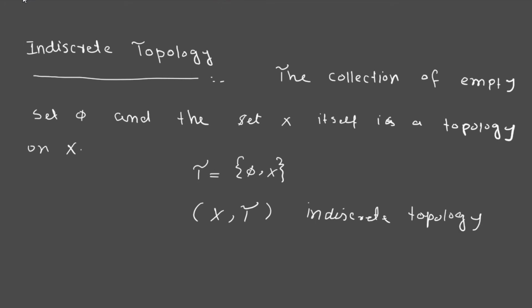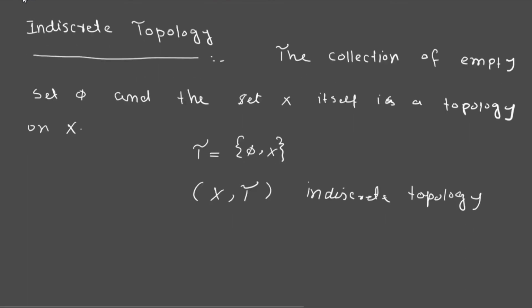Now we are taking some examples to determine whether or not each of the following collections of subsets of X is a topology. Here I am taking some more examples, and these examples also illustrate topology.